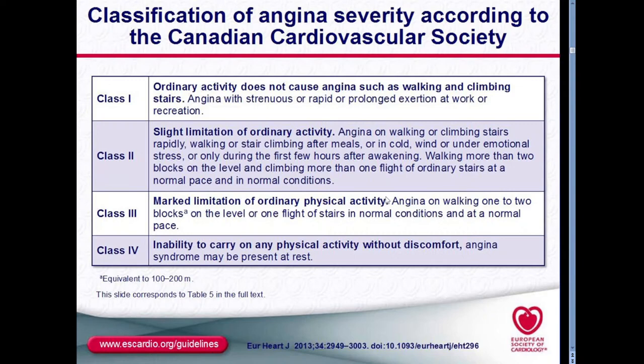Class 3. We define it as marked limitation of ordinary physical activity, when angina occurs on walking 1 to 2 blocks. Remember, what is a block? It is equivalent to 100-200 meters on the level or 1 flight of stairs in normal condition and at normal pace.